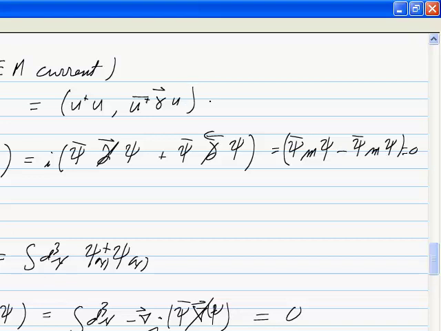Now remember, u dagger u was 1. So the first piece is just the normalization, which is sort of why this thing comes out to be 1 right here. The second piece turns into p over E, if you work out what it is. I don't know how easy it is for you to see it.